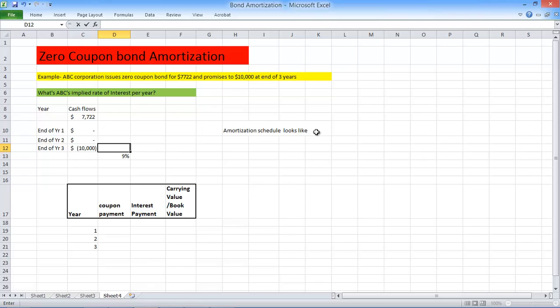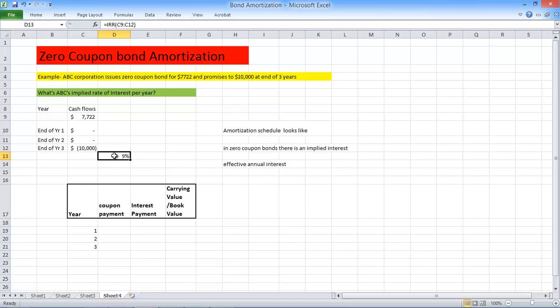There is an implied interest in zero coupon bonds, an effective annual interest. There's several ways of calculating the implied interest or effective annual interest, and the easiest way is IRR, the internal rate of return, which tells you the effective interest.